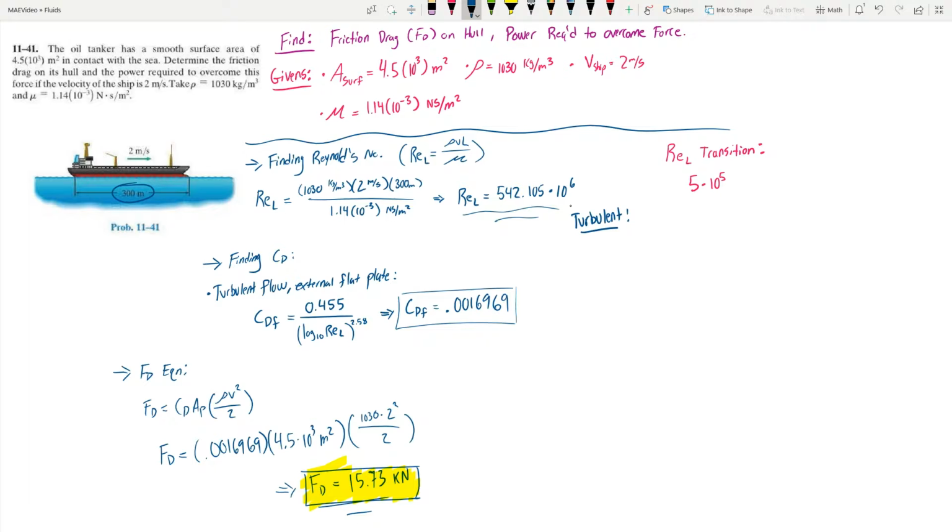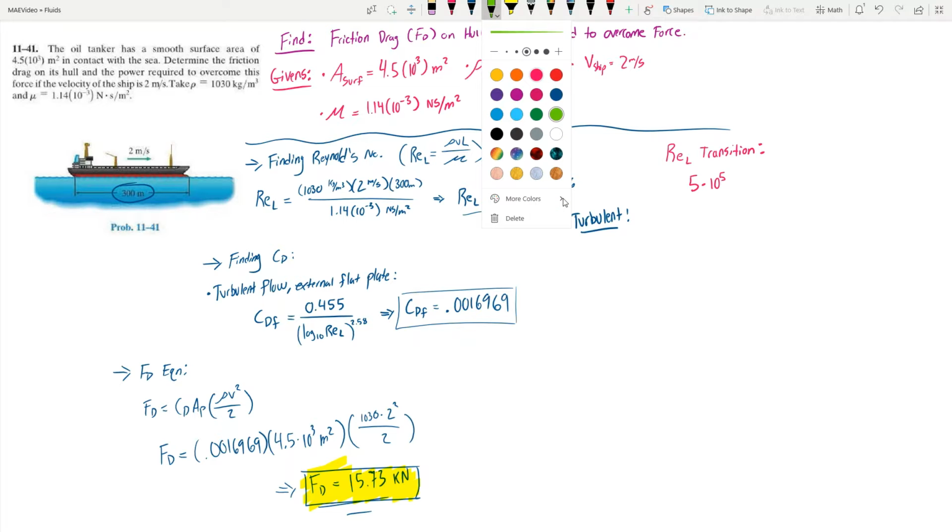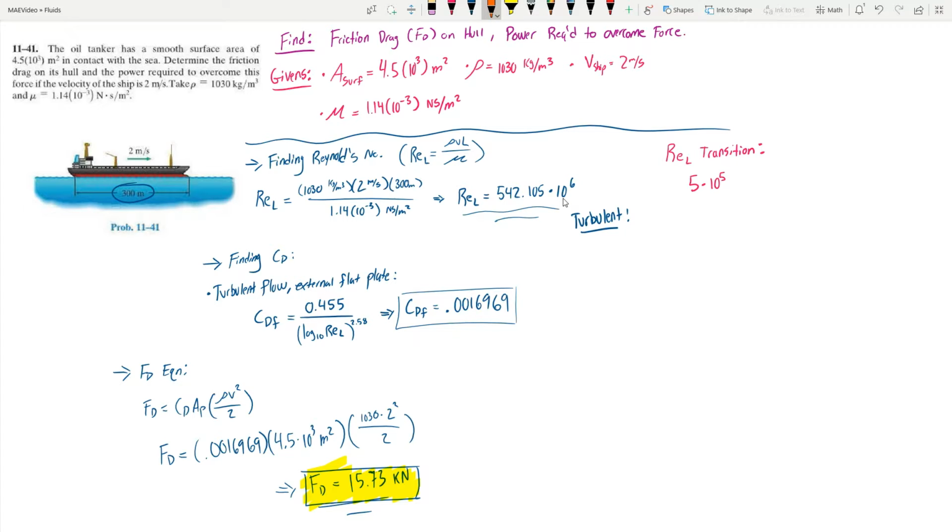And now we still have to find the power. So recall, power we know is just work over time.